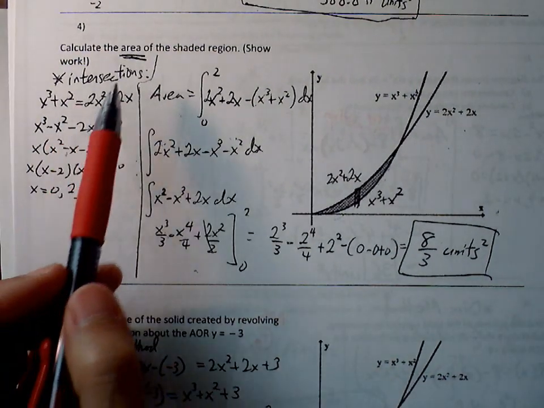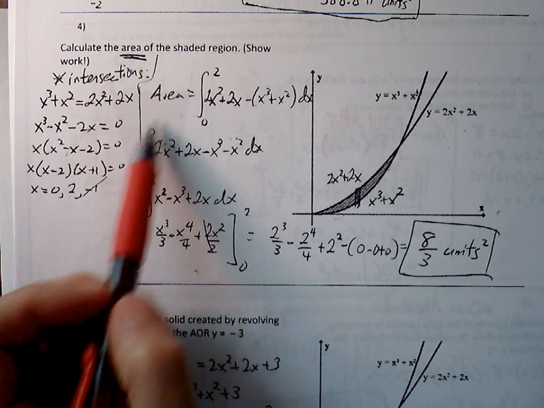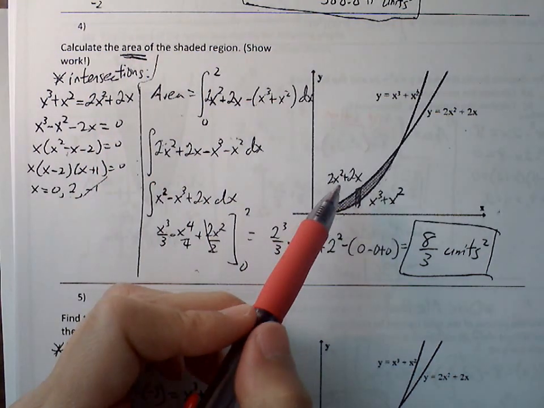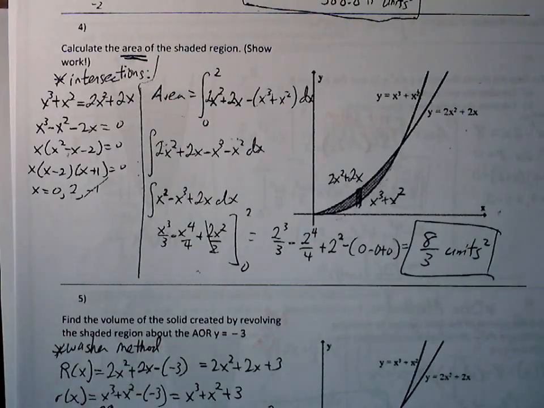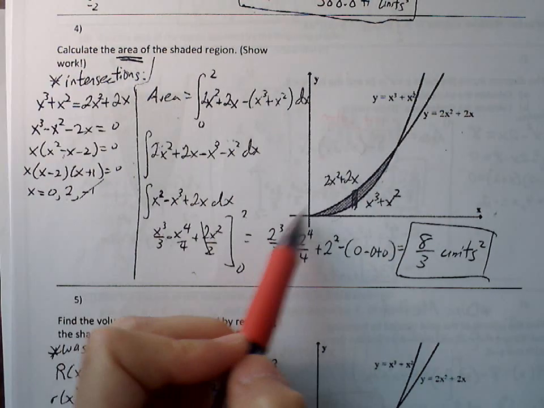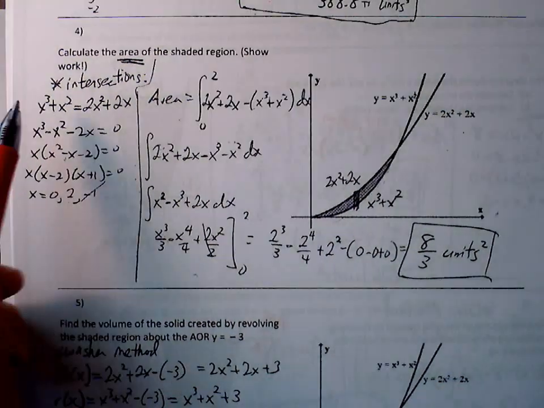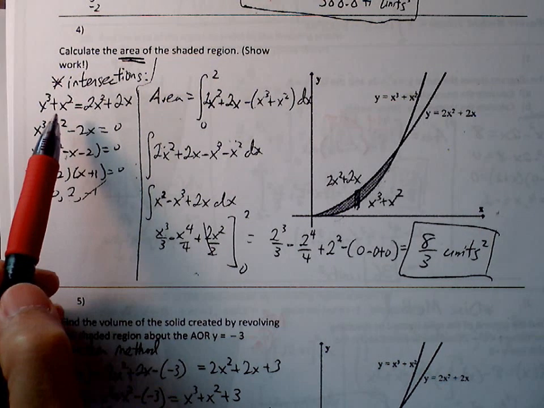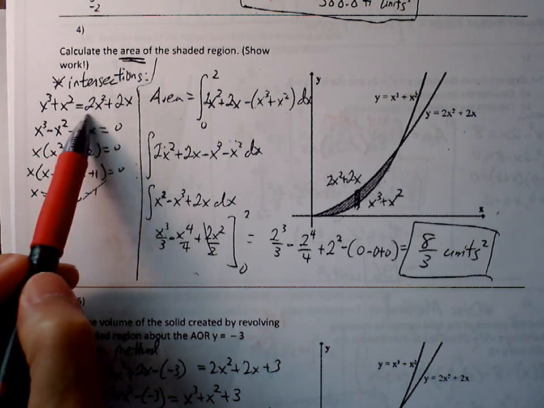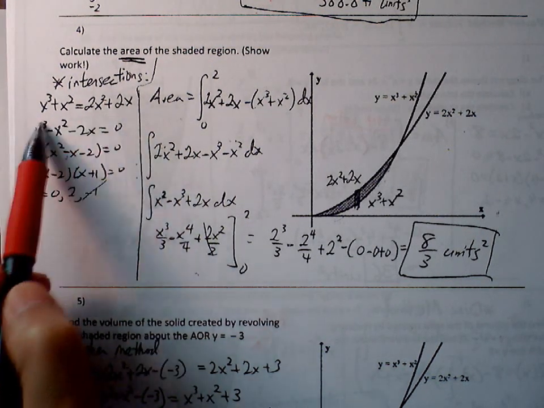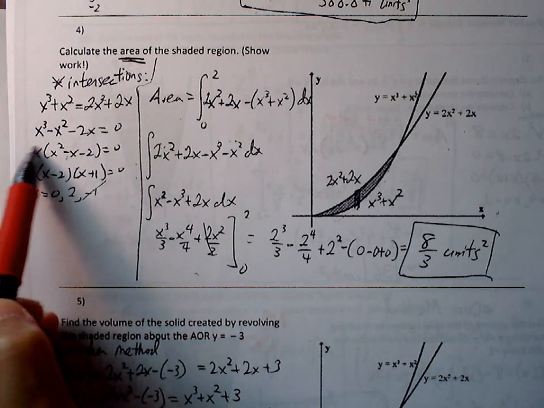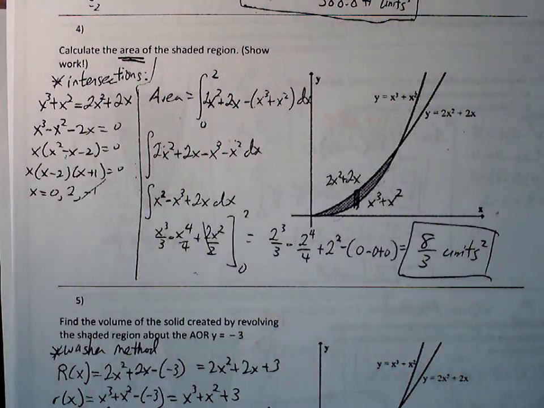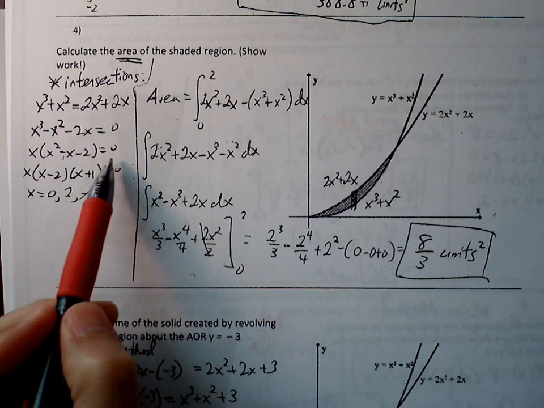Okay, number four, calculate the area of the shaded region. First up, we want to set the two equations equal to each other so we can find the intersections. We have x cubed plus x squared equal to 2x squared plus 2x. Bring everything over to one side, get that 0 to show up on the other side.